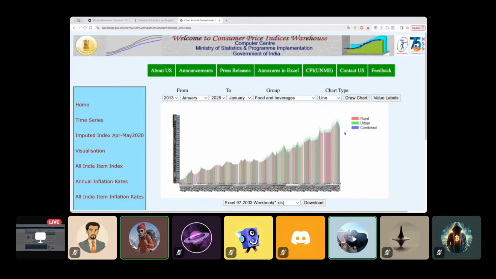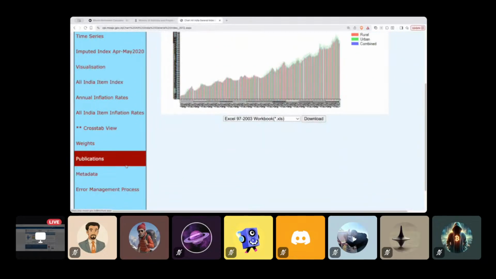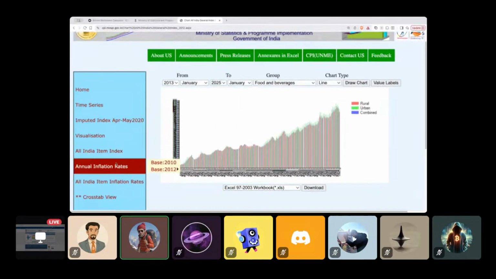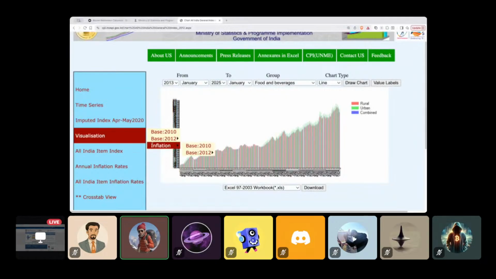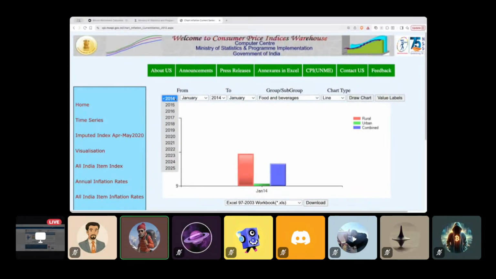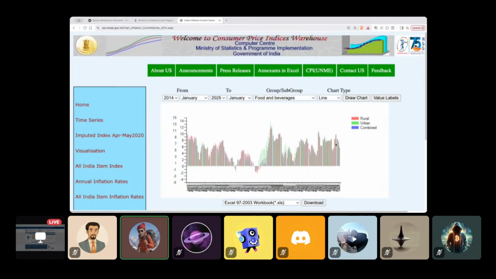So whatever food and beverages you purchased in 2013 has gone up in price like this. That is different from the inflation percentage itself. So if you want to pick January and 25, this is the inflation rate.